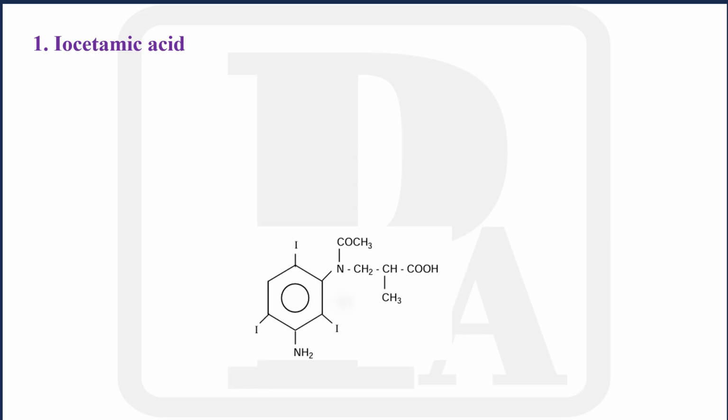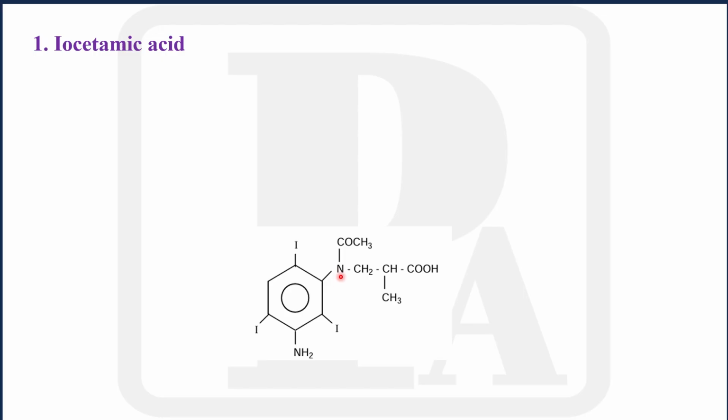Now we'll see the first one, that is called iositamic acid. Look at the structure of iositamic acid. It has a phenyl ring with 3 iodines and 2 amino groups. The nature of this amine is primary, whereas this one is tertiary.